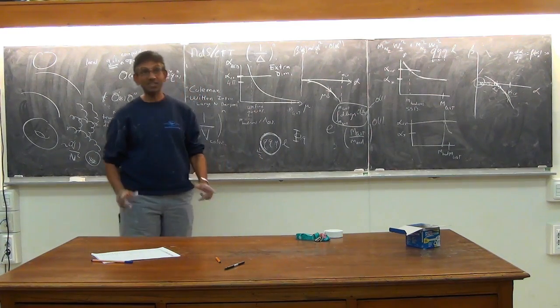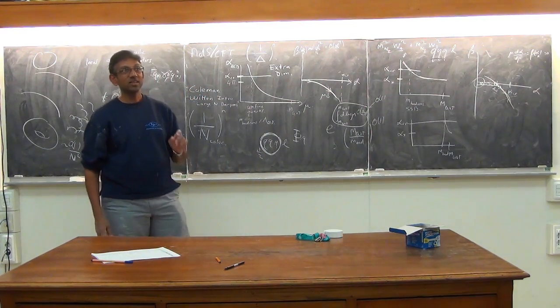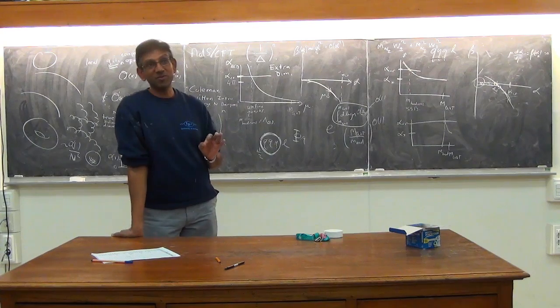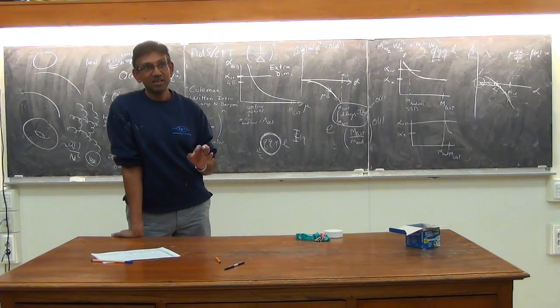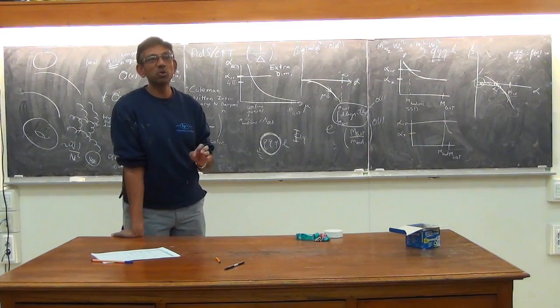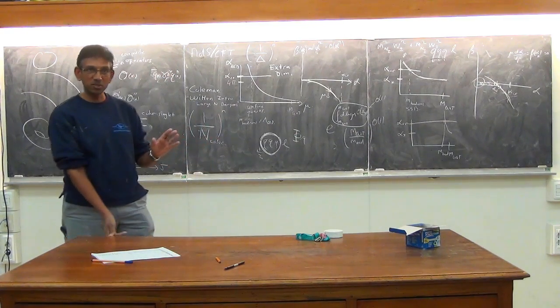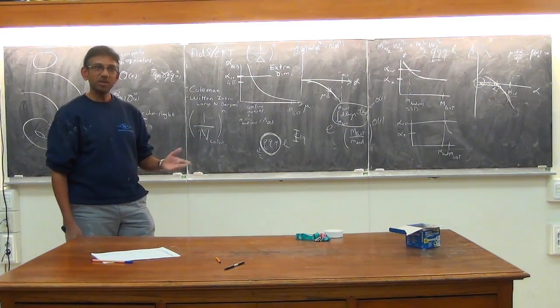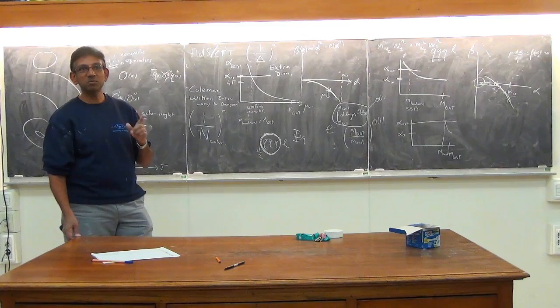And the answer is yes. However, the simple form of the nonlinear sigma model that I got would not have been, so it would have changed. If you follow the Stueckelberg procedure, it would have worked, but I wouldn't have got the same simple thing that I got at the end.